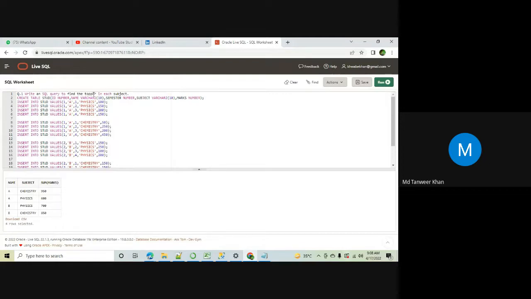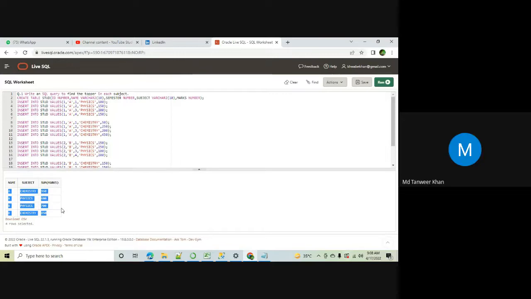Now the question is to find the topper in each subject. If I ask you who is the topper in physics from this data, can you tell me? A. B. B is the topper in physics. And in chemistry, A is the topper.